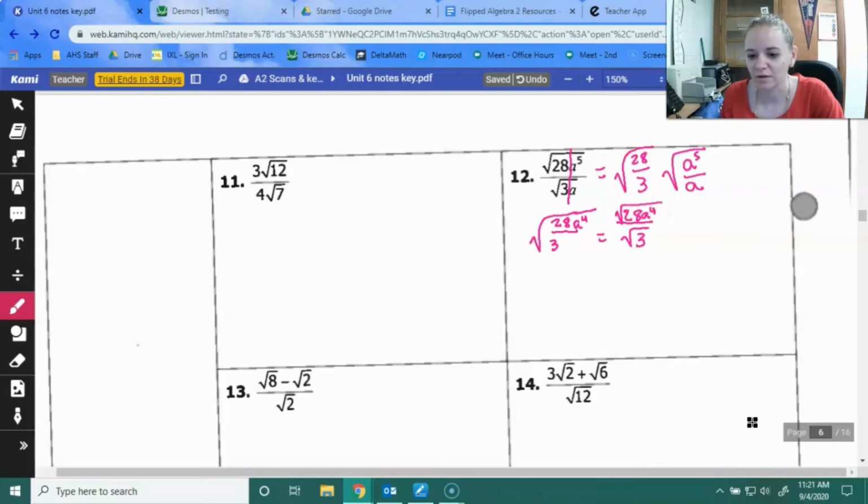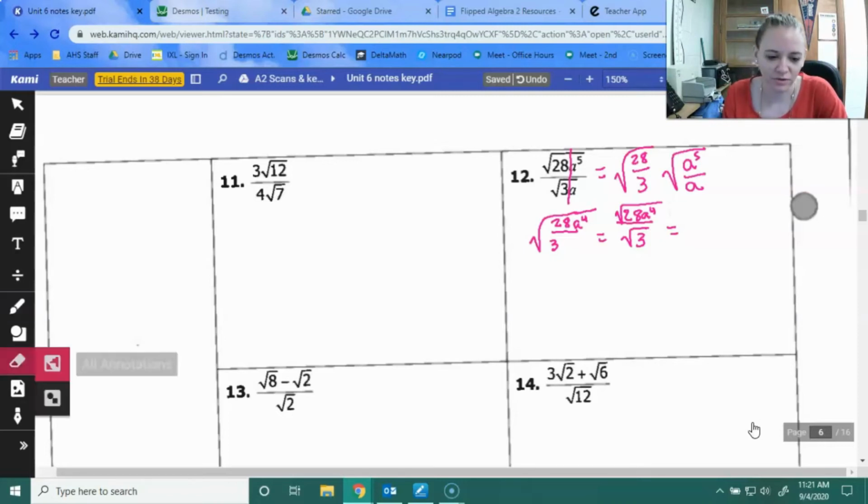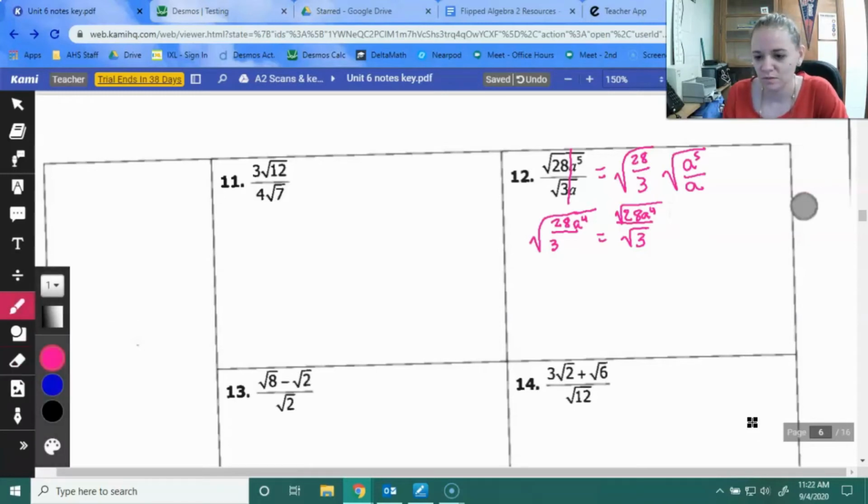From here I could go ahead and eliminate that a right away, and that would be a little bit less work. But that's alright, there's always a way to get there. So now I want to get rid of the radical 3 on the bottom. So I want to multiply this by radical 3 and this by radical 3, giving me just 3 on the bottom.